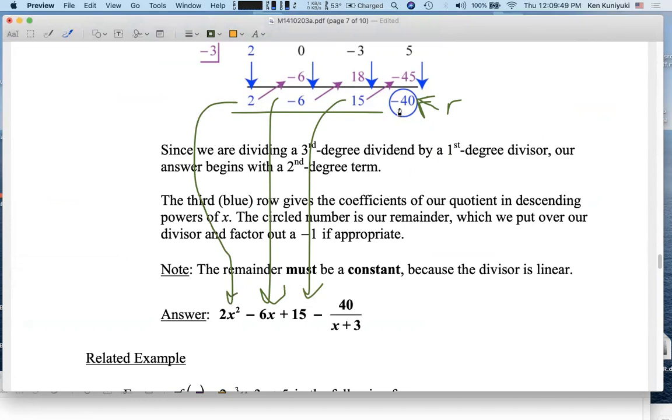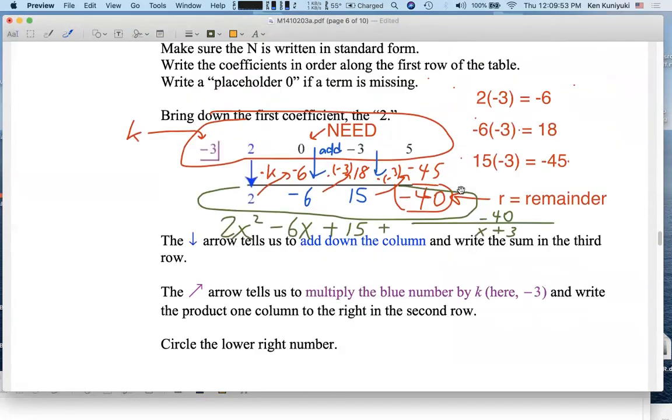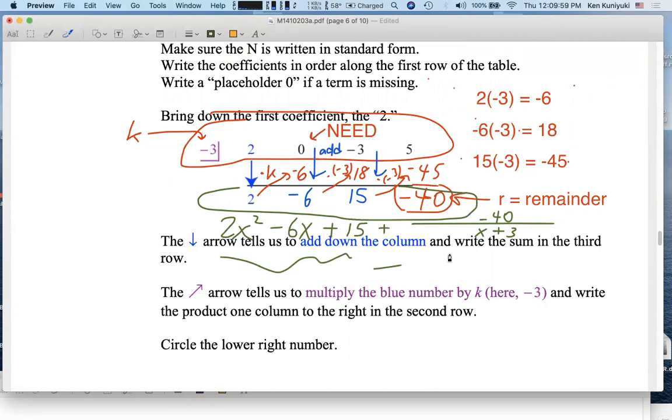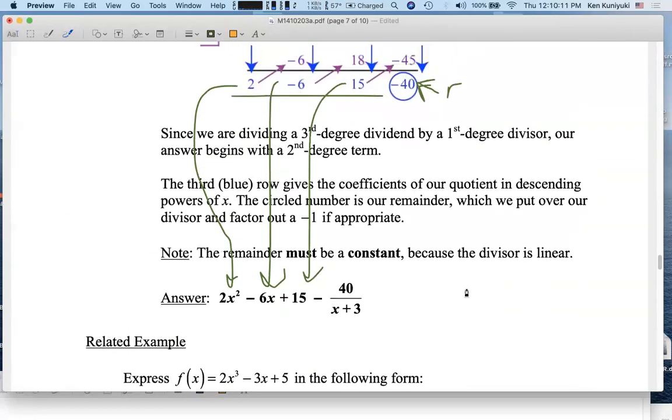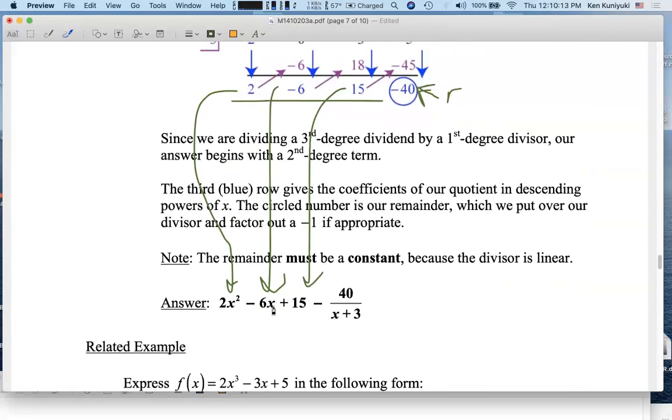Okay, plus negative 40 over the divisor, but the negative sign can pop out. Remember, over here, we had plus negative 40 over x plus 3. The minus sign can pop out, so we can get minus 40 over x plus 3. If the remainder is negative, it's conventional to pop out the negative 1 factor. So we normally write this as 2x squared minus 6x plus 15 minus the fraction, positive 40 over x plus 3.